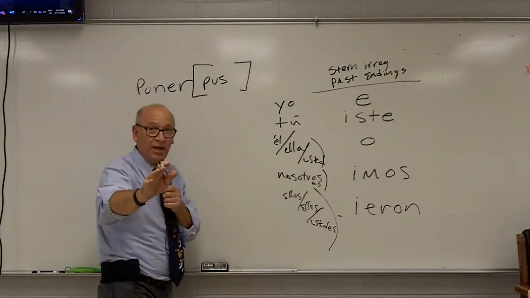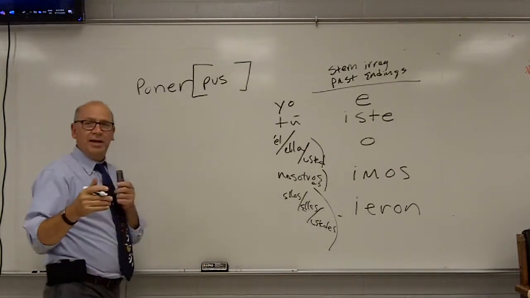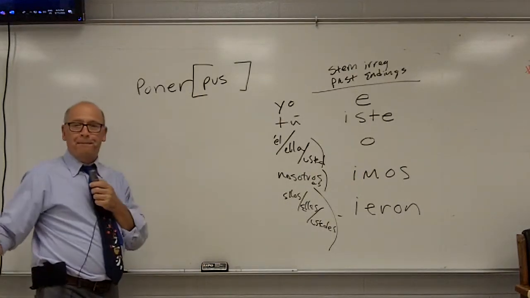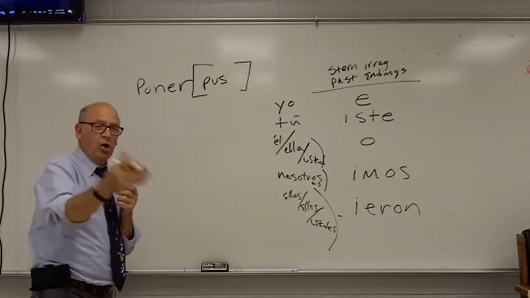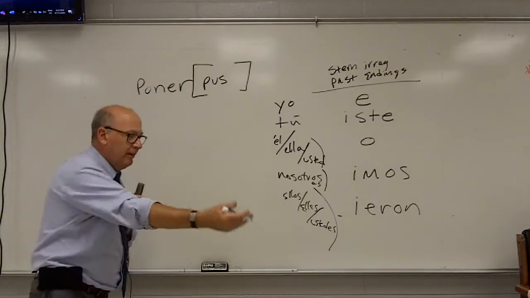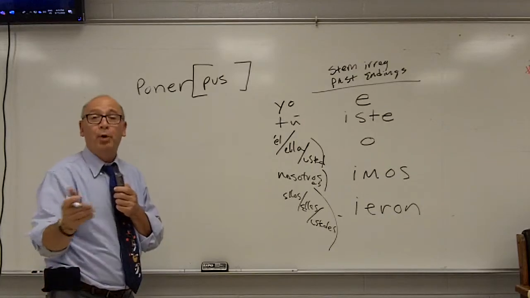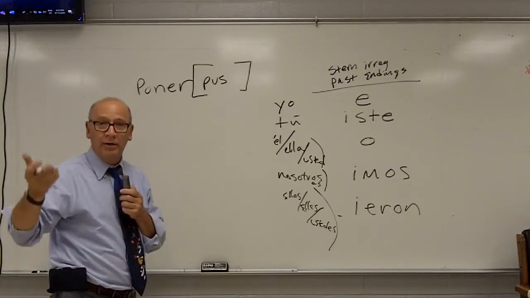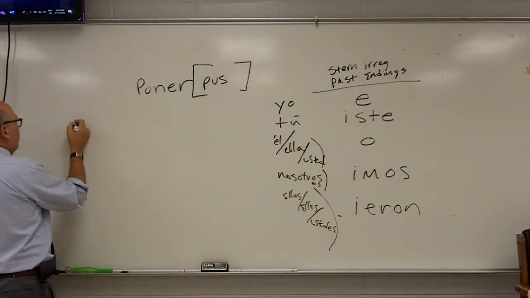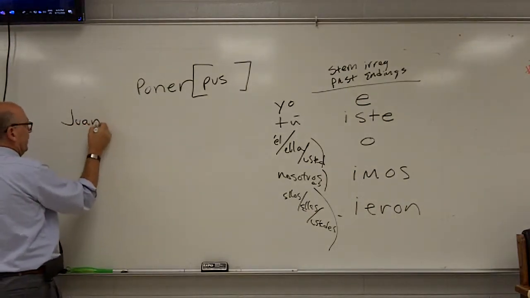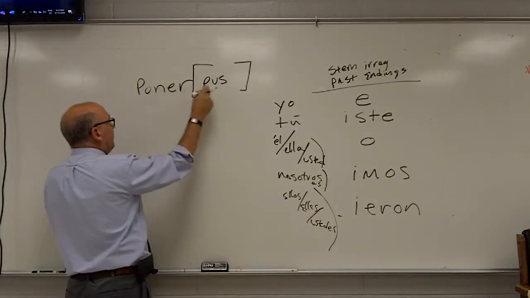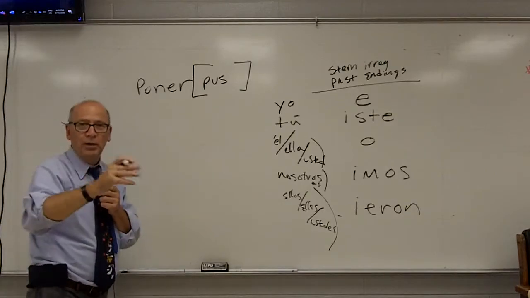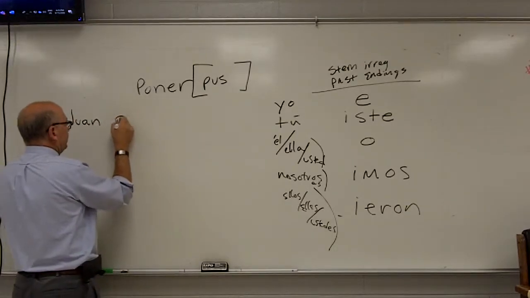That's the irregular stem. Now, let's say that John put the car in the garage. So we've got Juan. Now, we know that the stem for put is P-U-S. So we're going to do that.